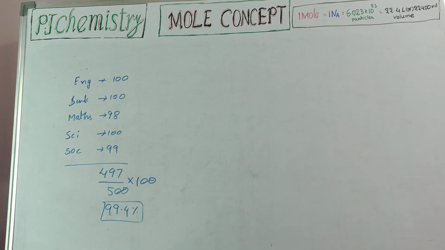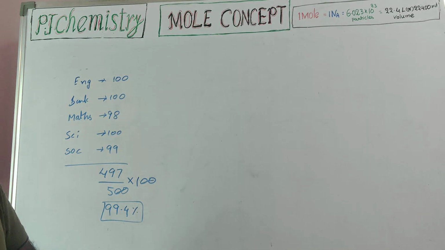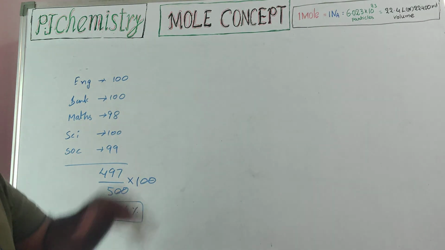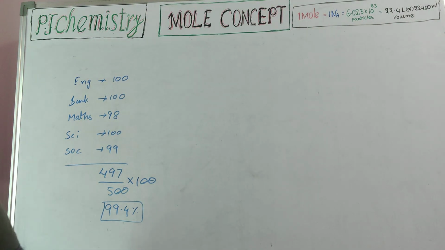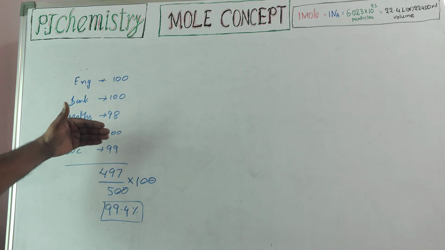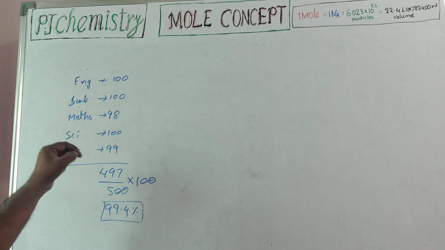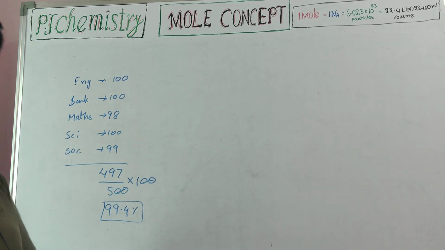But a student is going to calculate a particular subject. Every subject is out of 100 marks. So the particular subject percentage, how much? Overall, all subjects together he scored 497 out of 500, so his percentage is 99.4 percentage.